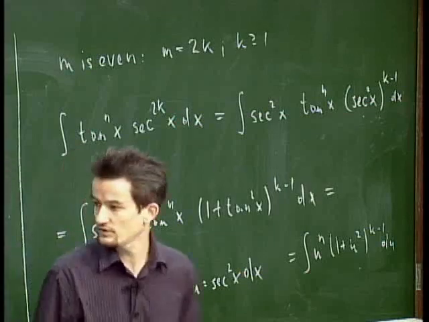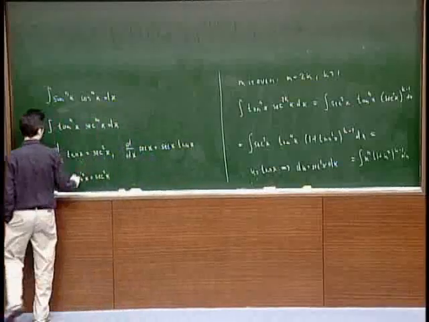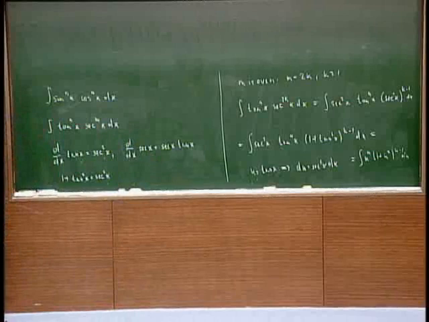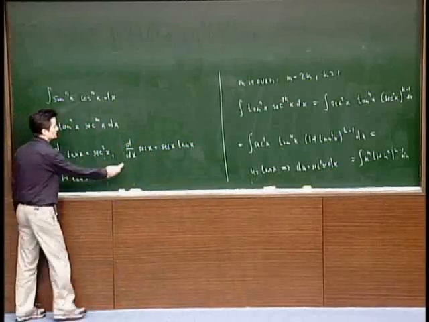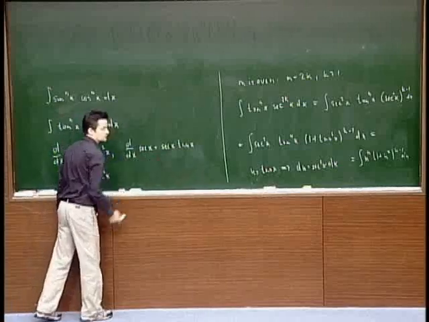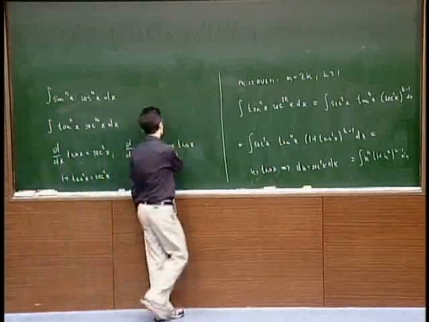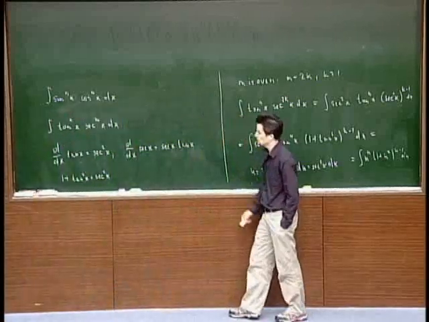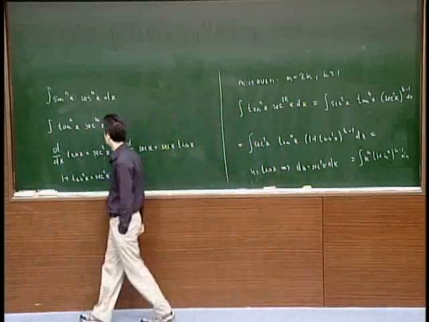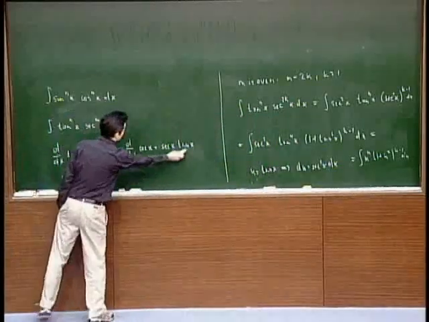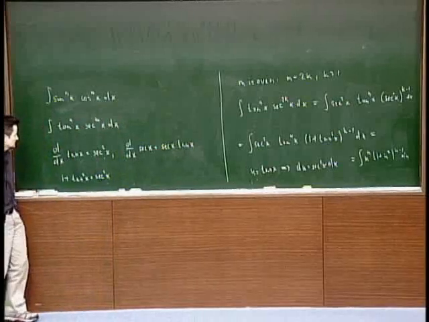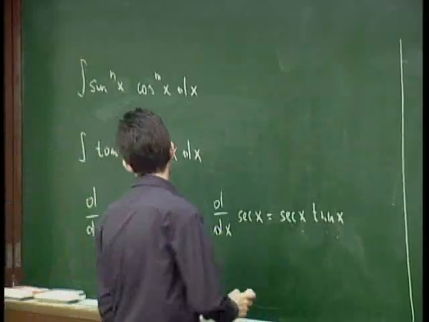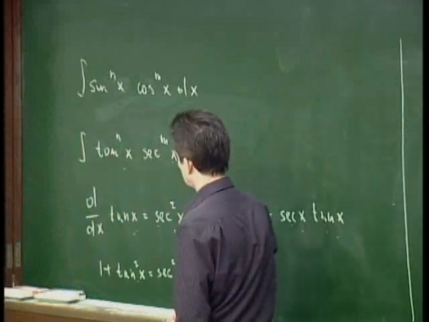The second case: here we use essentially that the derivative of the tangent is equal to the secant square. Similarly, you can use this other relation. So here you have to separate secant of x times the tangent of x. What you need is that both are there, so n and m have to be both larger or equal than 1. Then you rewrite what you have in tangent in terms of secant.